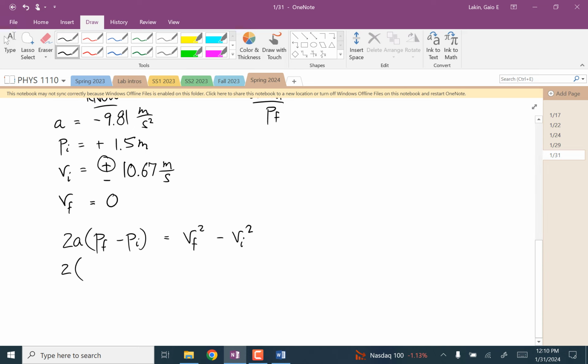So 2 times negative 9.81 times the quantity PF minus 1.5 is equal to 0 squared minus 10.67 squared.